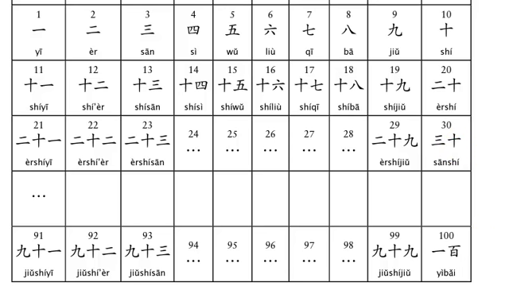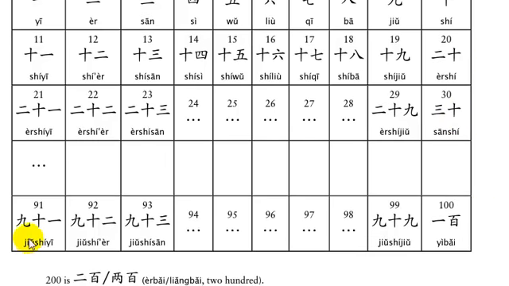All the way up to 90. For 90, you would have the 9 before the 10. And then 91, 92, 93, and so on, all the way up to 100. Bai means 100, so 100 is Yi bai.